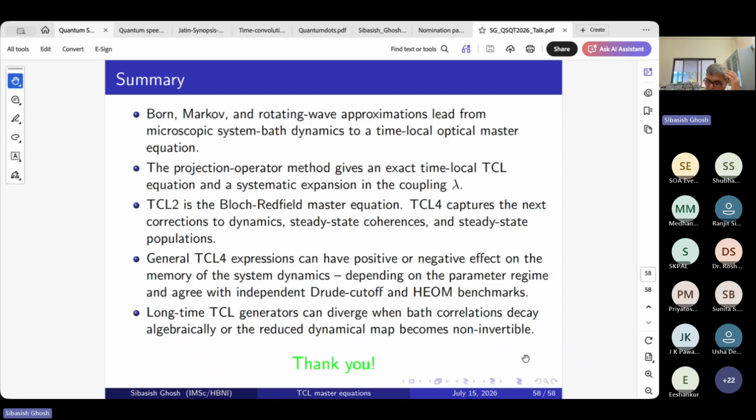And the dynamical map under this TCL will become non-invertible. This last part we are still working on, to understand why it is diverging, how to avoid that, etc. Thank you for your attention.